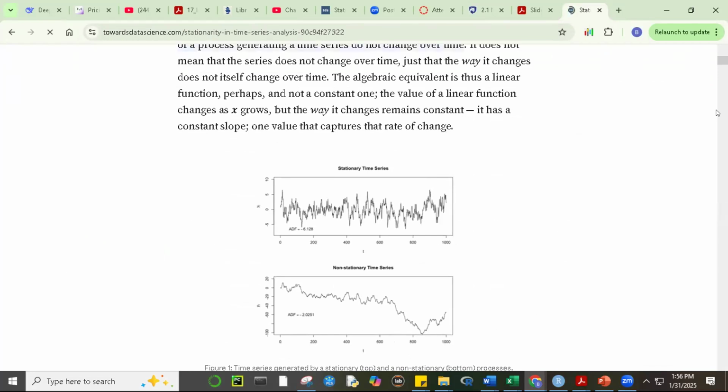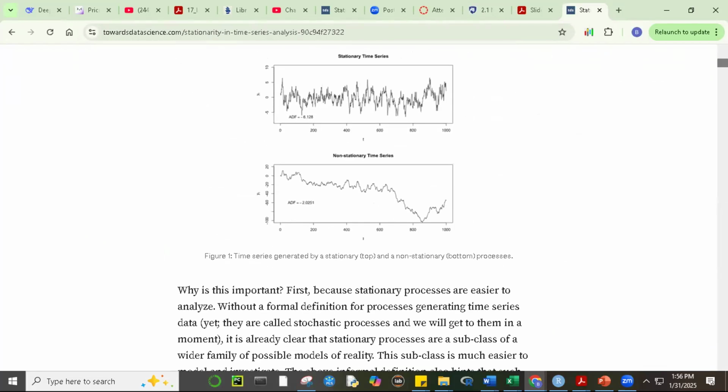This looks more like a random walk. This, class, is non-stationary: it has a decreasing trend, and then in this period increasing. Although the variance might look constant, definitely it's not stationary in mean.